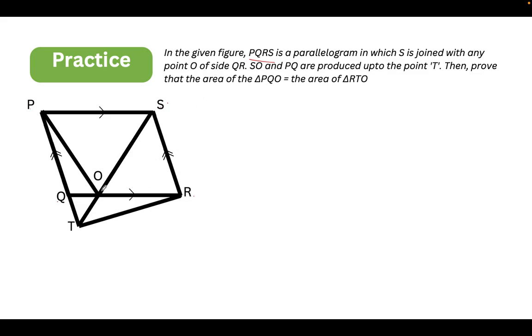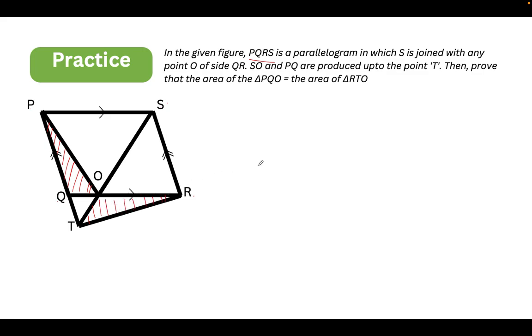SO and PQ are produced up to point T, so SO is extended to T. Then prove that the area of triangle PQO is equal to the area of triangle RTO. So this is RTO, and we need to prove this.